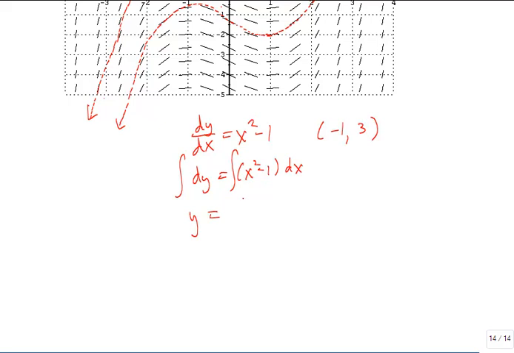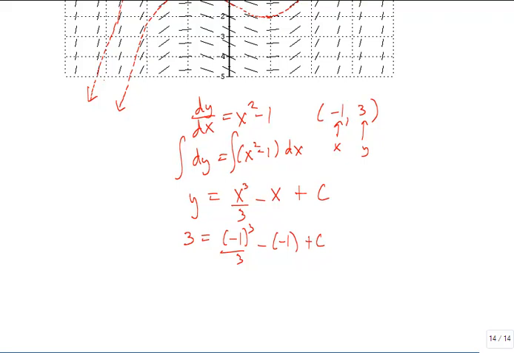The integral of x squared becomes x cubed over 3. The integral of 1 is just an x, and we get a plus c. So we're going to let x be -1, and we're going to let y be 3. So 3 over here, -1 cubed over 3 minus -1 plus c.